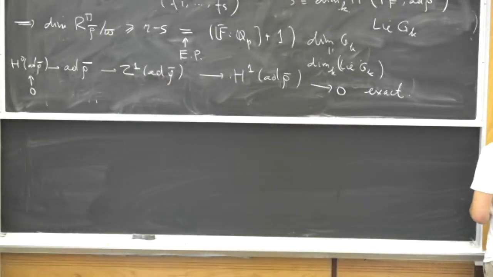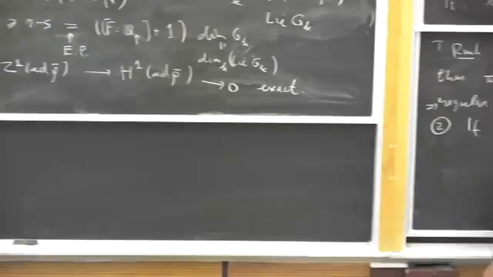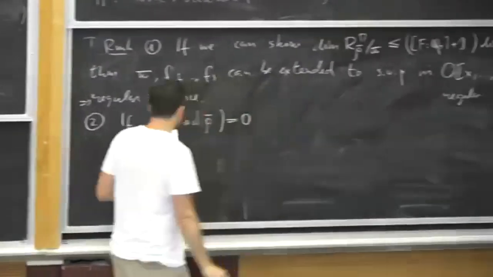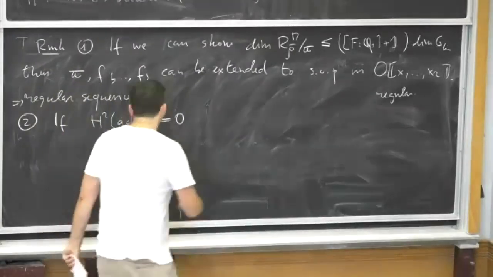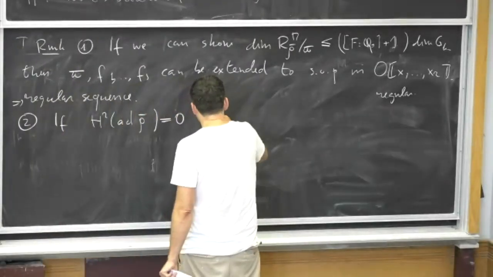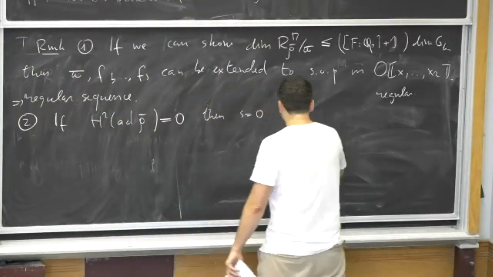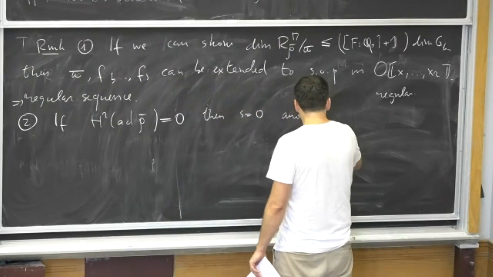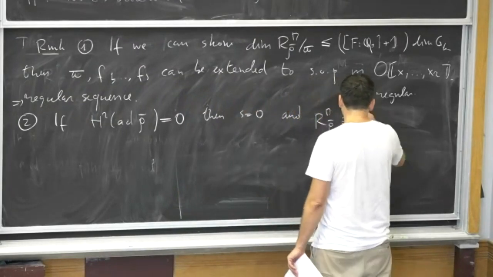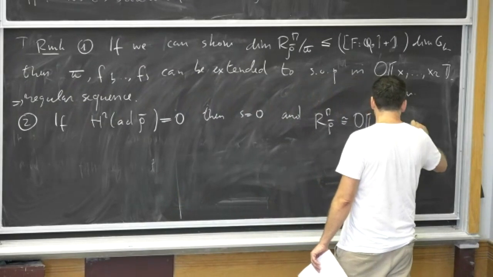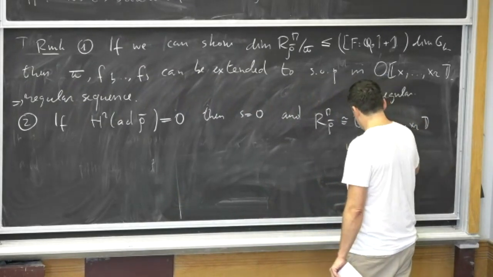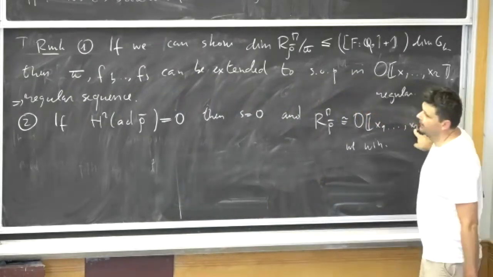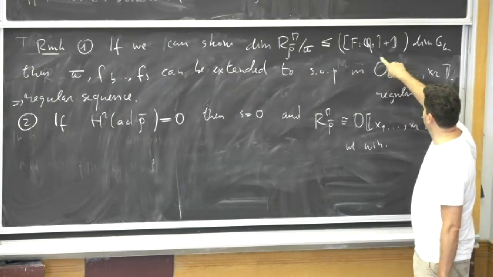Now there is this second observation. So you see, if we had H2 ad rho bar equal to 0, so if the obstruction to lifting vanishes, then this S is equal to 0, and this ring is formally smooth. And we win. We win because R minus S is the expected dimension, and this is exactly what we want.